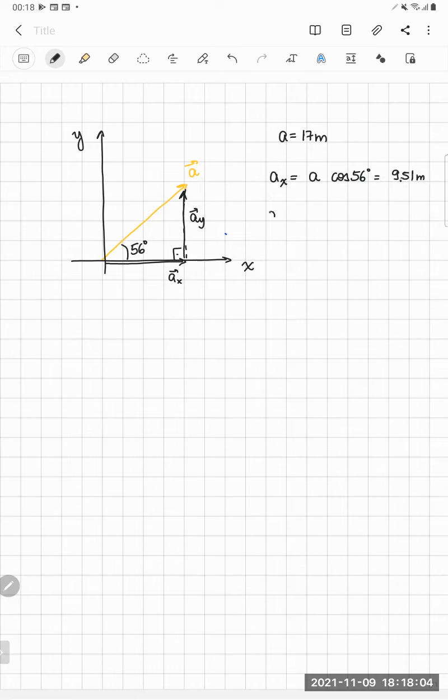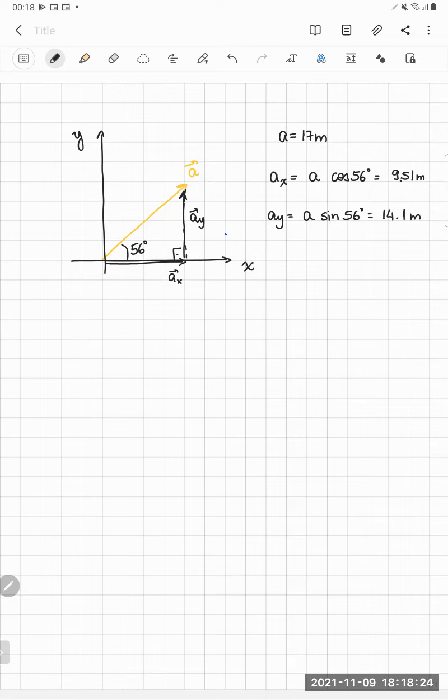Okay, how about the AY? The AY is A, now AY is opposite to the angle. Opposite means sine, so A sine of 56. Put these things in your calculator and you get 14.1 meters. Very well. So we are done.